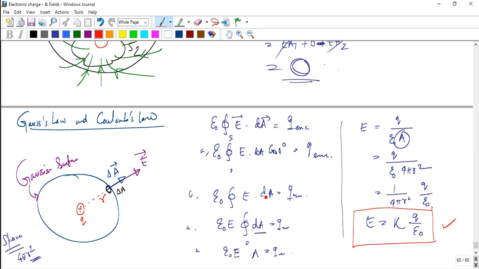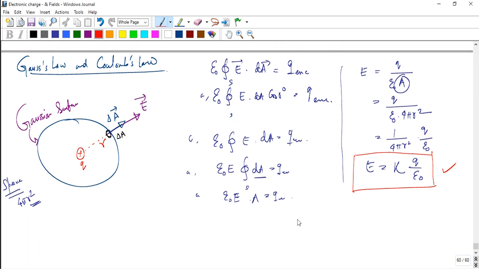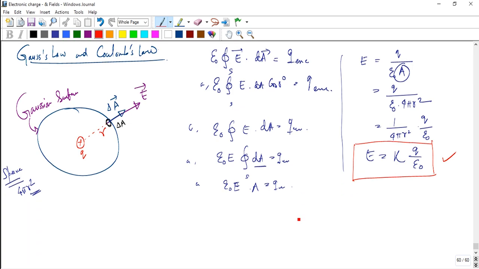If I do a similar derivation for the electric flux, both are the same.